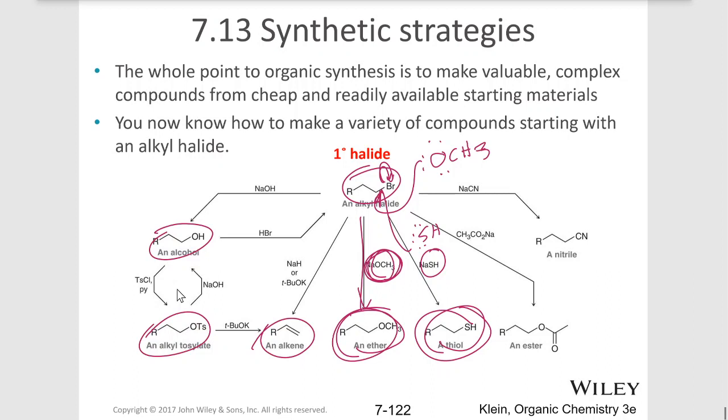If I have this acetate group here, I can make an ester. If I have this cyano group, I can make a nitrile. So just by swapping my nucleophile, I can make many different things in organic chemistry.